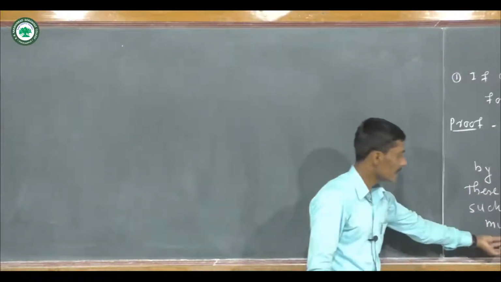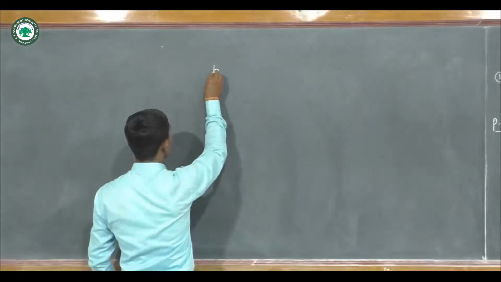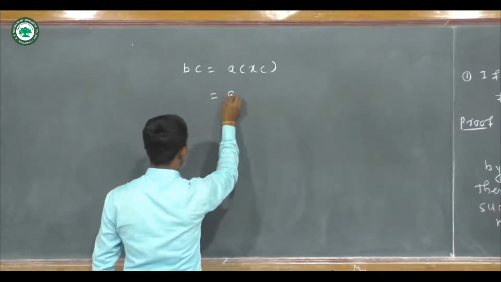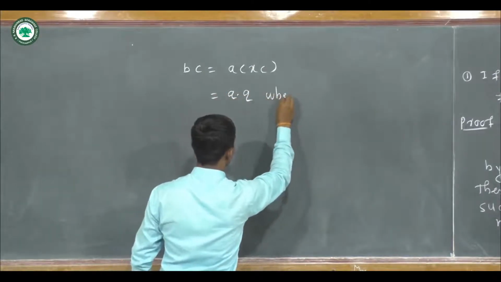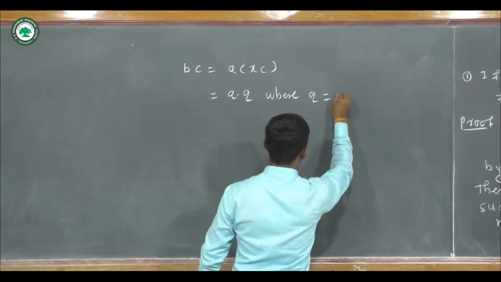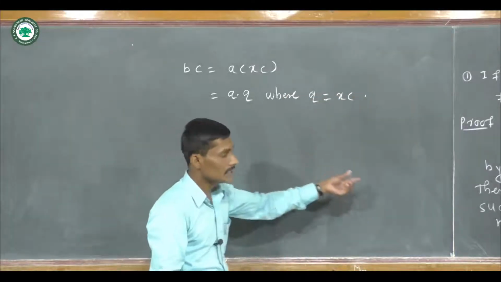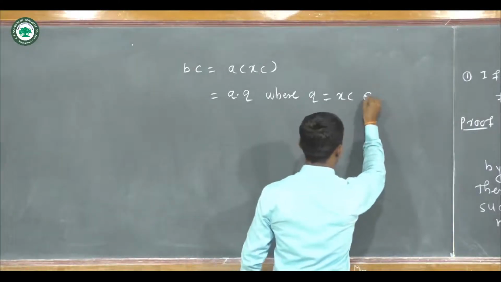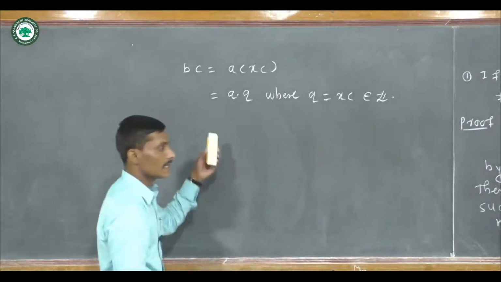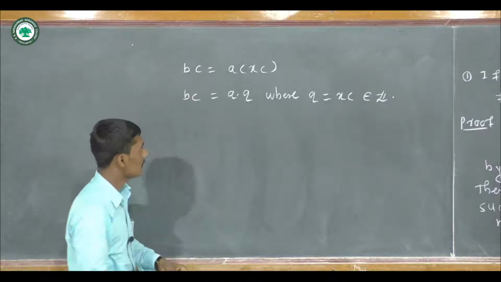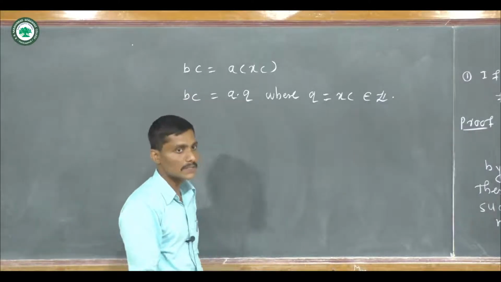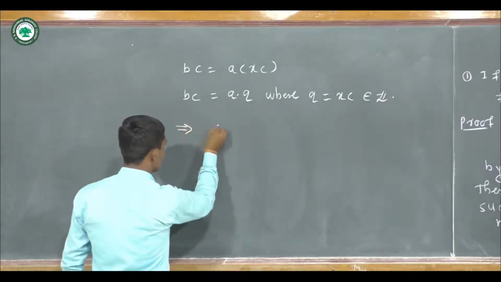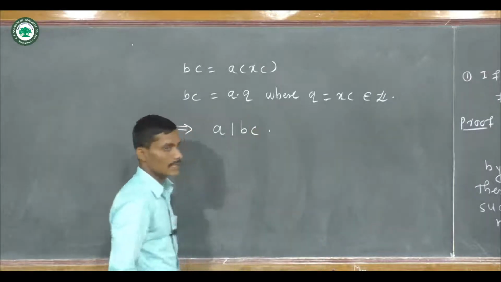Now here we write this equation as bc is equal to a into q, where q is equal to x into c. Here x is an integer, c is an integer, so the multiplication x into c is also an integer, that is q belongs to Z. Here we have proved bc is equal to a into q, and by definition of divisibility, we can write a divides bc.